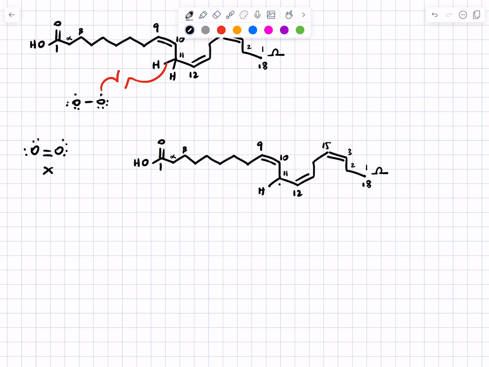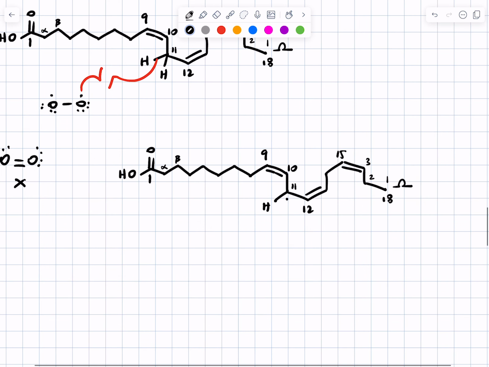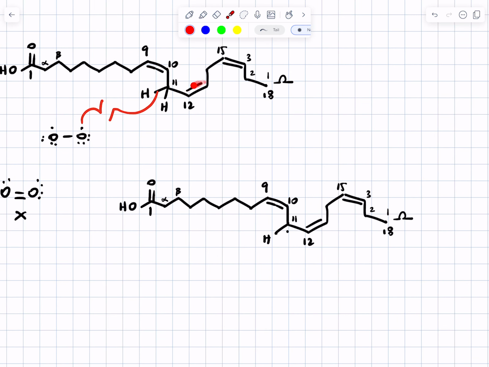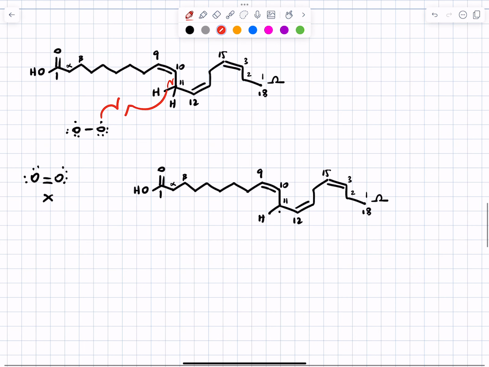Because it's surrounded by two double bonds, two carbons that are sp2 hybridized, which means that if we do homolytic bond breaking of that CH bond with a radical, which oxygen is, oxygen abstracts a hydrogen atom from that carbon, giving you, after the reaction on this side, a peroxy radical.